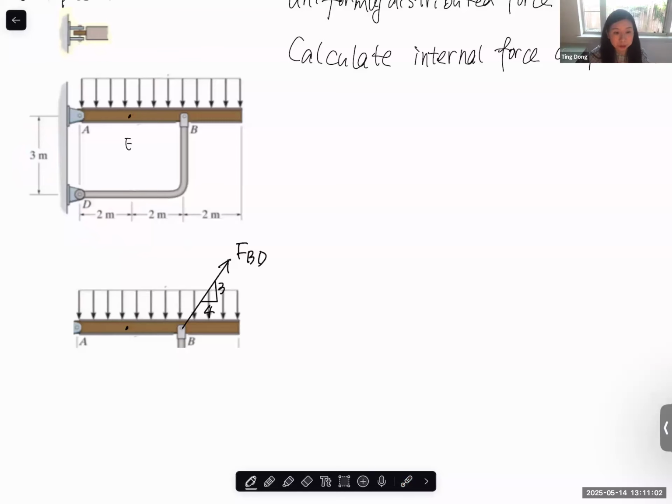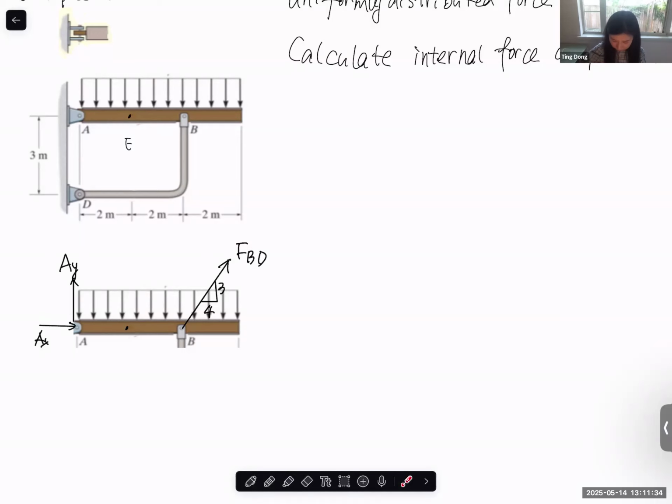This indicates the direction of the FBD. And for the reaction force at point A, as I said, it's not a two force member, so we do need two unknowns: reaction force in the X direction and reaction force in the Y direction. We just put everything in the positive X and positive Y direction, it doesn't matter. If you get a positive value, it means it is the same as our assumption. If you get a negative value, it means the opposite of our assumption.